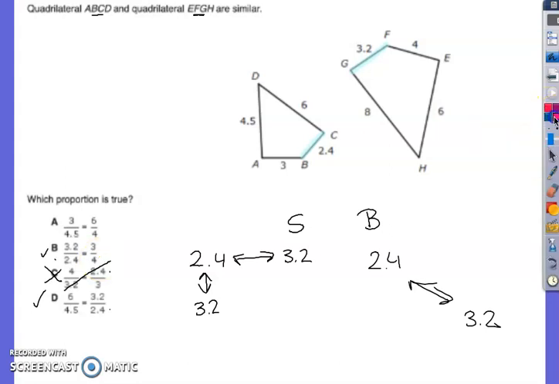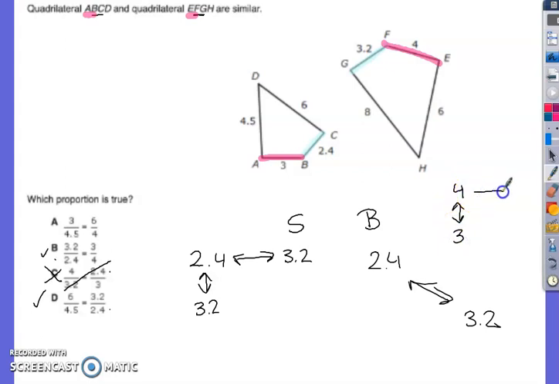It doesn't matter, again, where we start. 4 is FE. Okay, so FE, that is the first two. So FE has to match with the first two, BA. FE, BA. Okay, so that means I have 4 and 3.